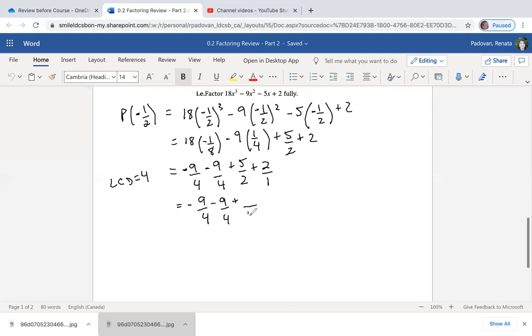This is going to multiply by 2 on top, and multiply by 4, and multiply by 4 on top. So negative 9 subtract 9 would be negative 18 over 4. 10 plus 8, hold on, is positive 18 over 4. And that would give me 0. Yay, big smiley face there.